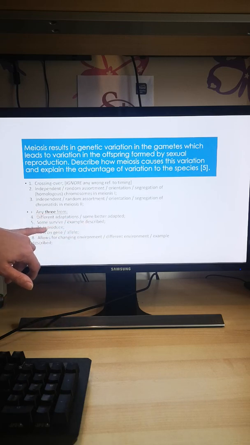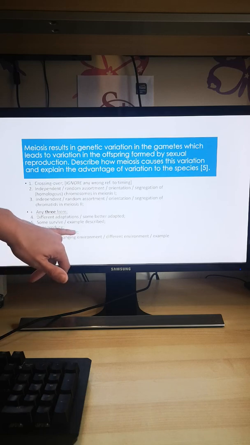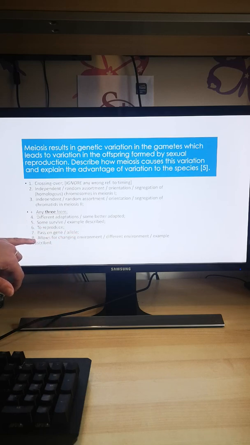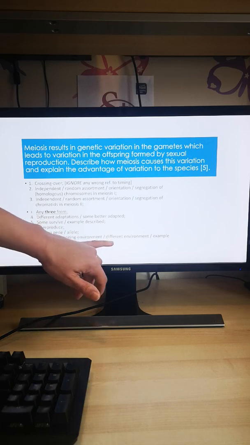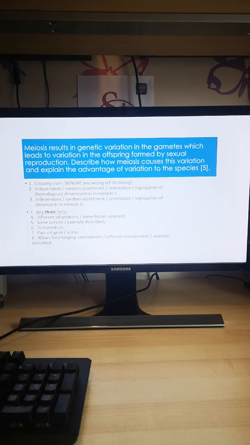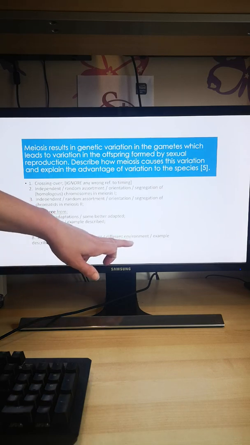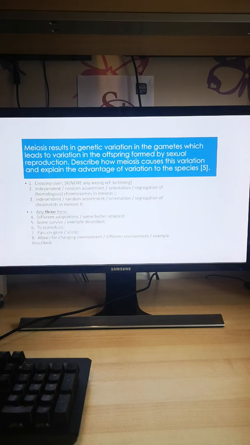They will survive, reproduce, and pass on the alleles and genes, the advantageous ones. This allows organisms to survive changes in the environment, or a change in competition, or whatever it is you decided to describe.